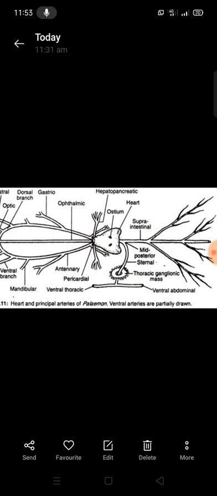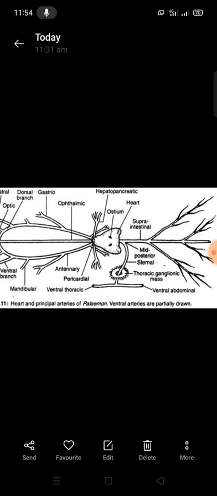Okay, so I am telling here there are a few parts of the blood vascular system: blood, the pericardium, the heart, arteries, blood sinuses and blood vessels. Here blood is a fluid connective tissue, blue in color.